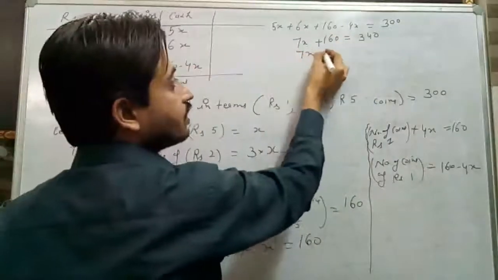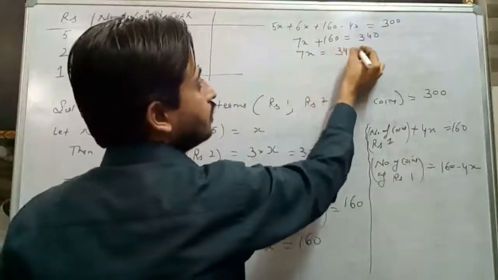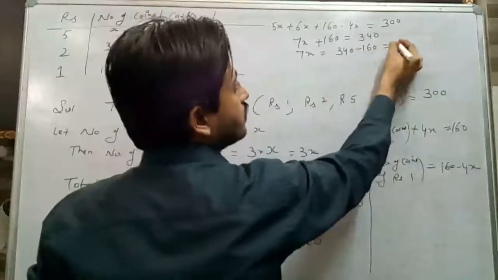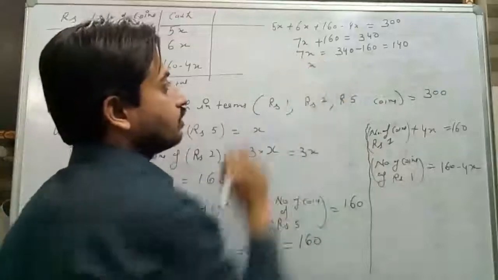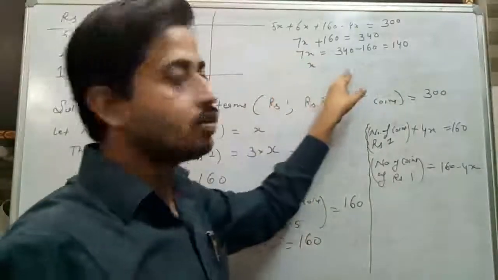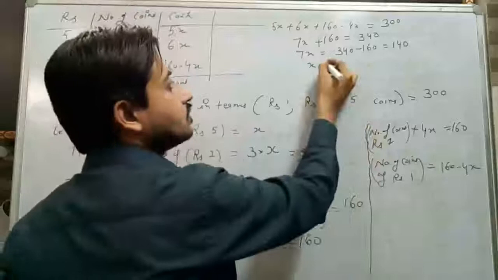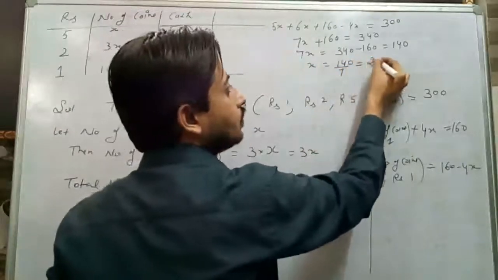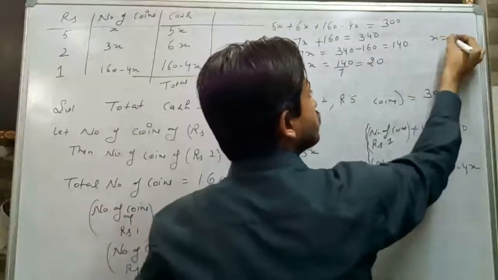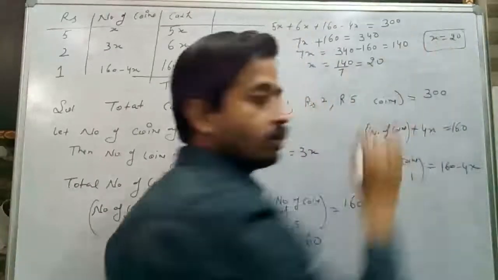Solve this. 7x is equal to 300 minus 160, which is equal to 140. To calculate the value of x, we take 7 to the right hand side, it goes in the denominator. 140 by 7 is equal to 20. So we get x is equal to 20.